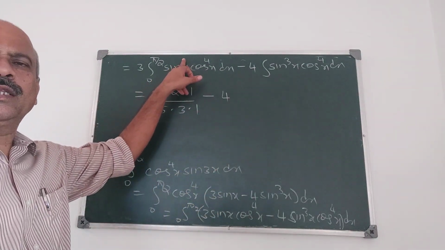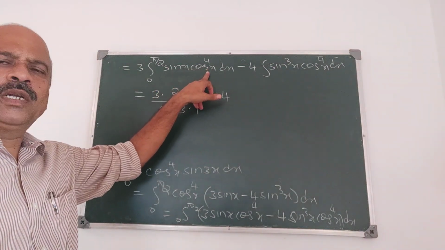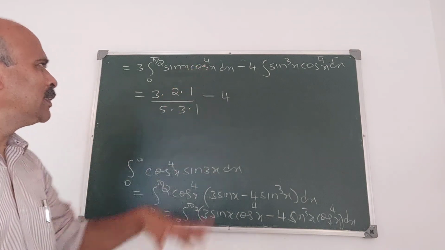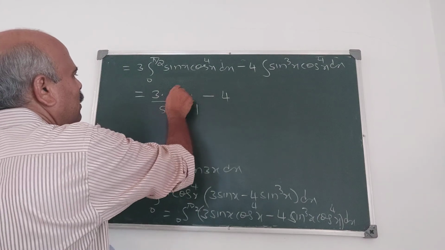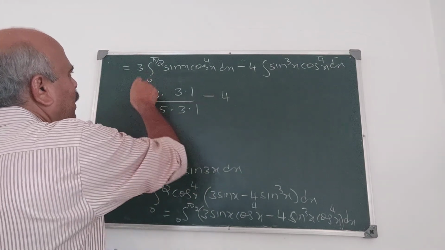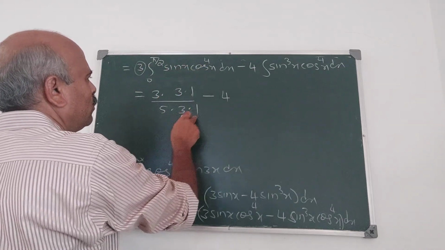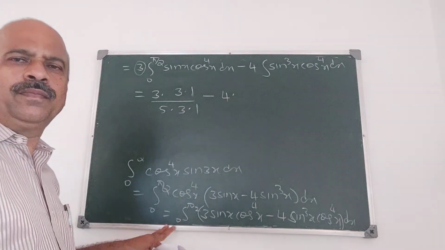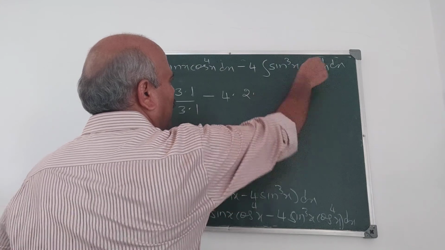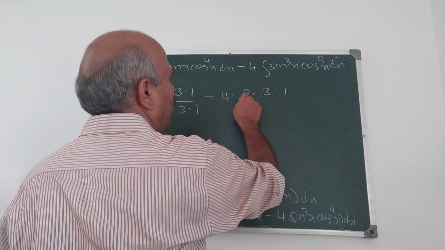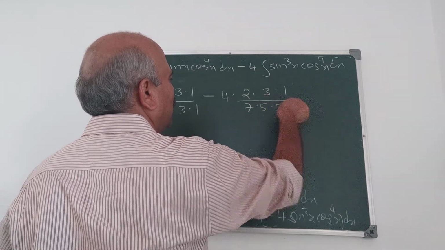Sin x raised to 1, therefore you have no factors corresponding to p. Corresponding to q, 4 means it starts from 4 minus 1. 3 1, and this 3 is because of the 3 already multiplied. 4 plus 1, 5, 3, 1, minus 4 into, what is the formula? 3 minus 1, 2, and 4 minus 1, 3, 1, divided by 7, 5, 3, 1.